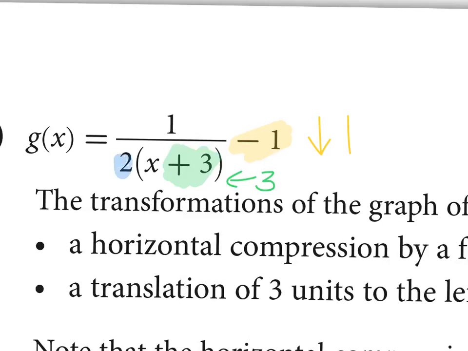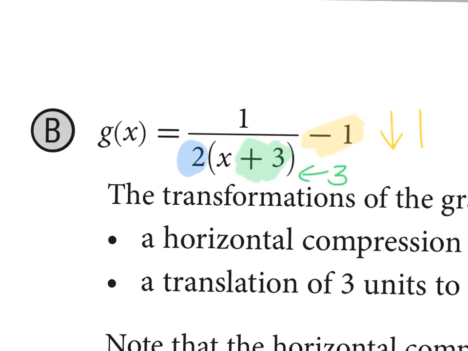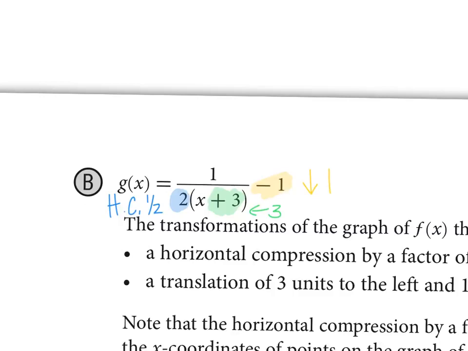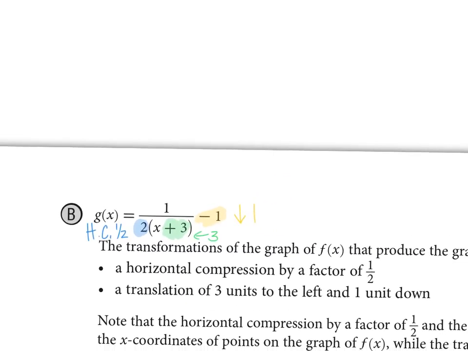And lastly, what about our 2 here? What's that going to do? It's a horizontal compression of 1/2. So where would the number be for A? It would be on the outside.